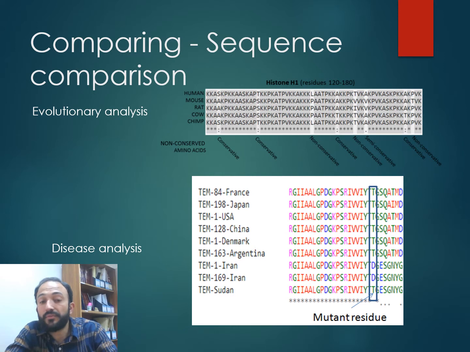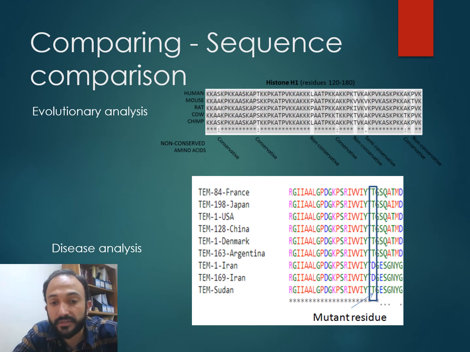And then in the figure below you can see it's comparing different populations and trying to identify any mutation in a specific gene. Here you can see that at one highlighted site, there is a change between different sequences, different populations. For example, here France, Japan, USA, China, Denmark, Argentina.